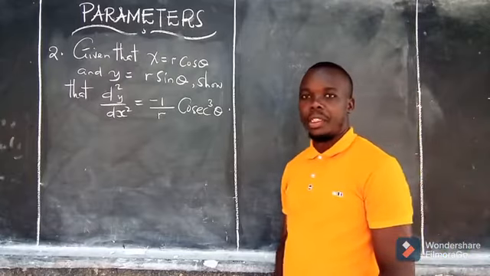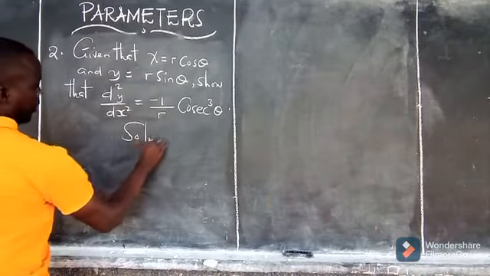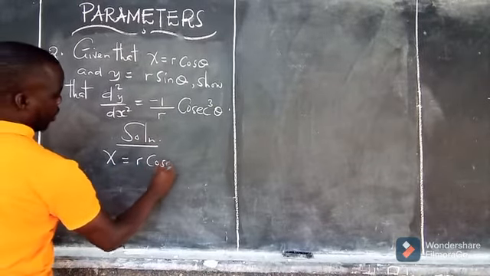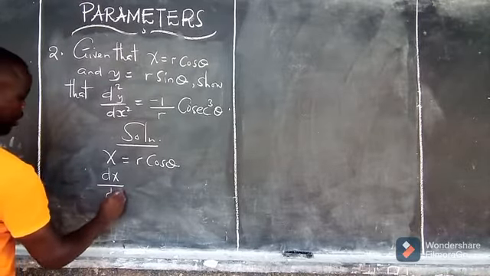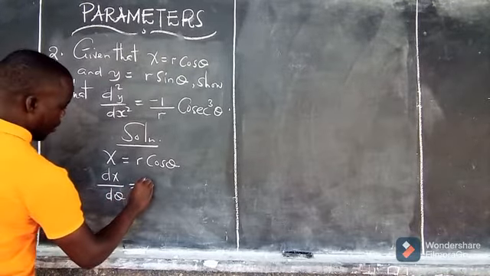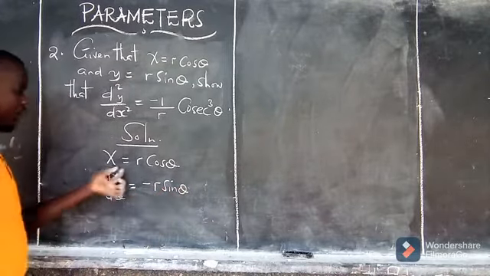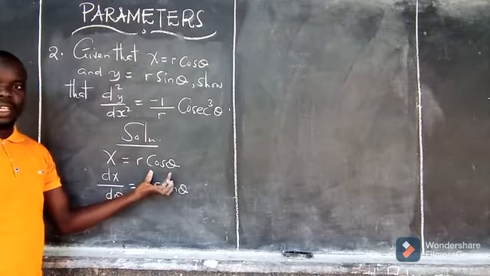We're going to still follow the same steps by beginning with the first function. They gave us x as r cos theta. So I will say dx d theta is going to be minus r sin theta. Remember, we are treating r as a constant, and our function we are differentiating is cos theta.